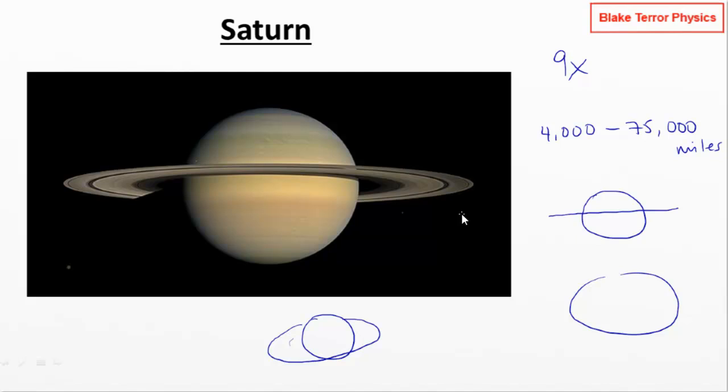It's the most distant planet we can easily see with the naked eye. You can see Uranus with a push. Saturn is easy to pick out in the sky. It's fairly bright. It goes through cycles of about 10 to 12 years as to which hemisphere of the Earth it's better to view it in. But it's easy to see.